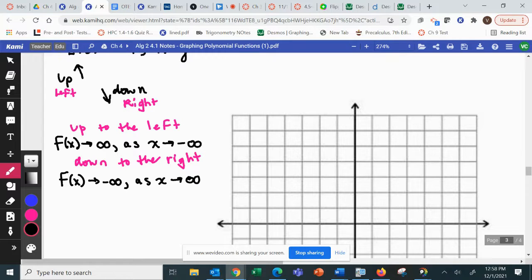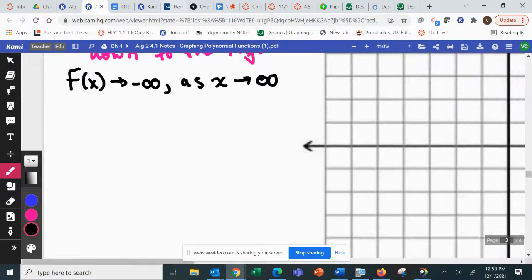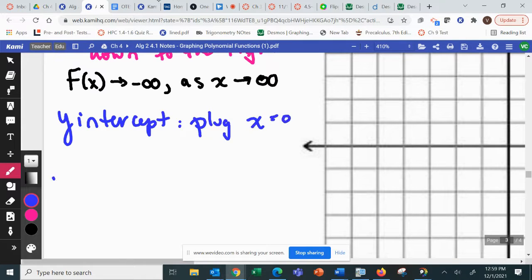What else have we been graphing every single time, no matter what the graph is? Every single time I've asked you to find these things. Is it the y-intercept? The y-intercept is one of them. How do we find the y-intercept? We plug 0 in for x. So I'm going to write f of 0.